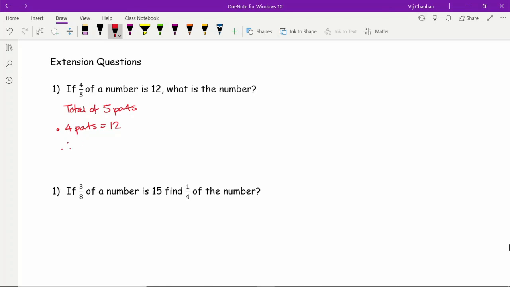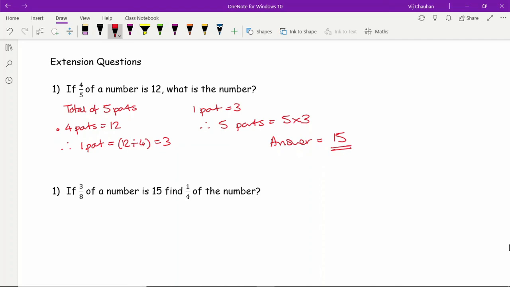So therefore, 1 part is going to equal 12 divided by 4, which is 3. And so if 1 part equals 3, we then want to work out what 5 parts are. So that's going to be 5 times 3. So the answer is going to equal 15.